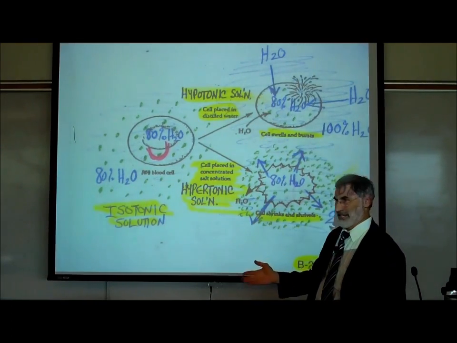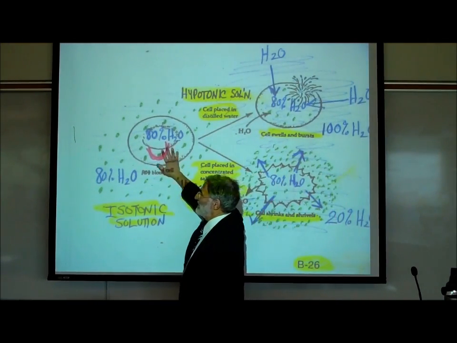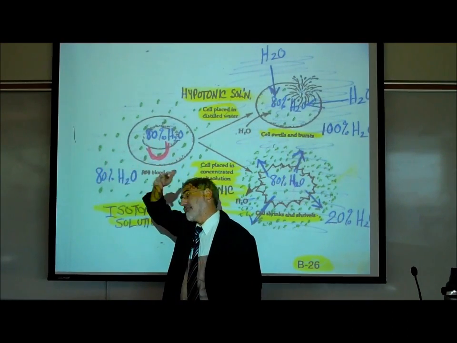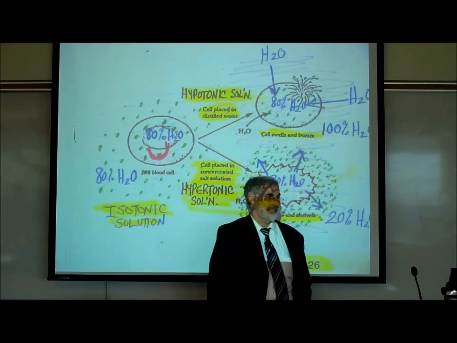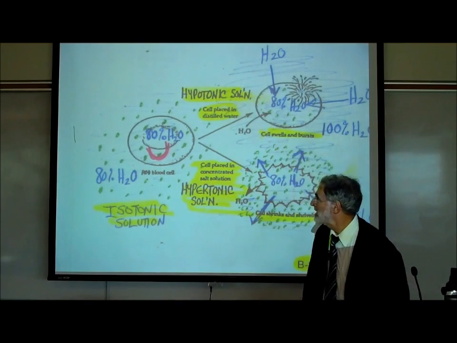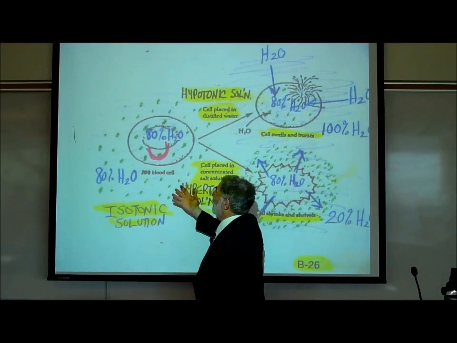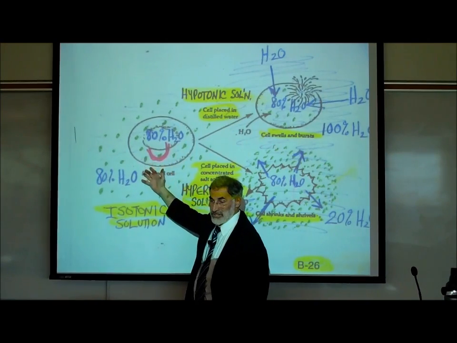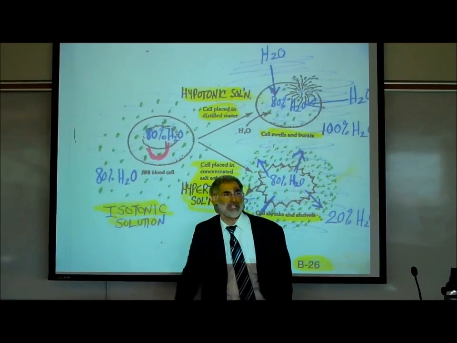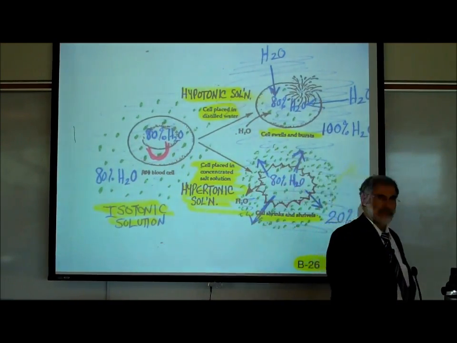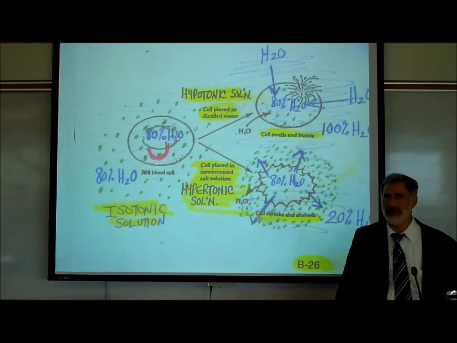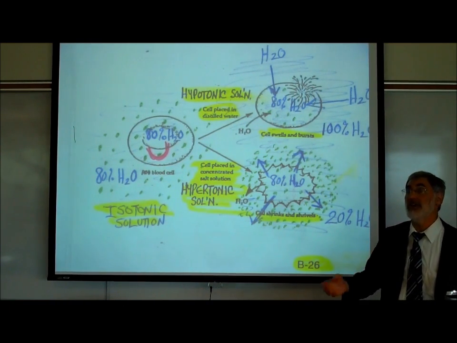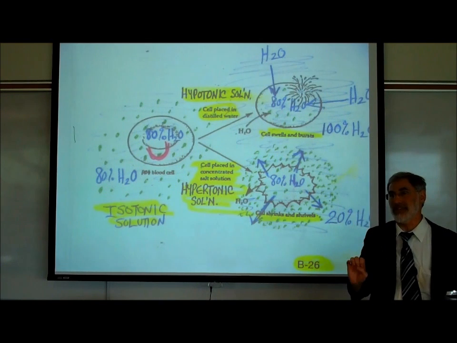It could be a pancreas cell. So we're using this red blood cell as an example of any cell in our body. Now, we have already learned that most of what's inside of a cell is water. It's 80% water on the inside. No, our body is 60% water, but a cell is about 80% water.